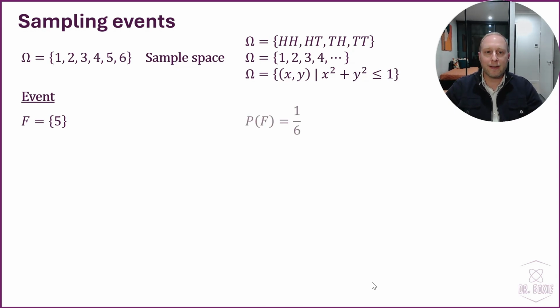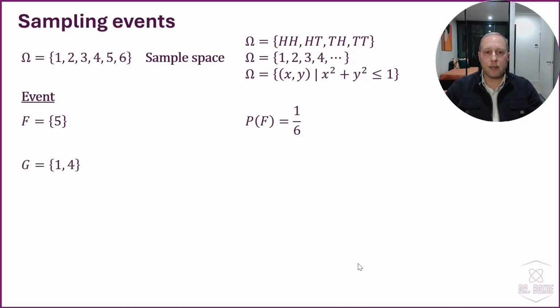If we're looking at a fair die, the probability of throwing a 5, which will be denoted by P of F, P for probability and F is the event of throwing a 5, well, the probability of that event is 1 out of 6, so 1/6.